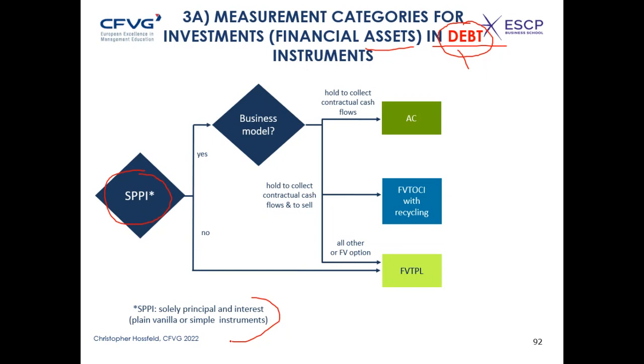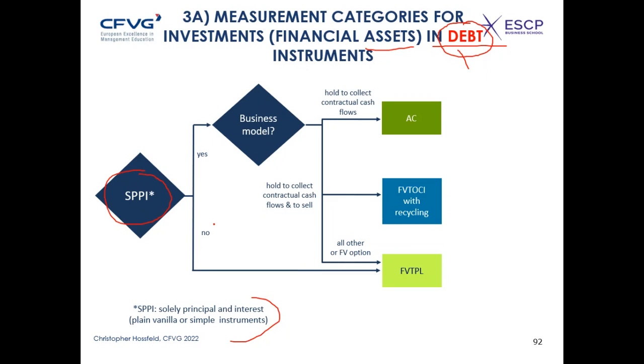And we introduce something else than the credit risk here in the bond. Usually in a bond, you only have a credit risk, more or less, and maybe an interest rate risk. But here I include a currency feature that has nothing to do with the bond. That means if I have this type of bond, it is not SPPI, it is not simple, it is complex. And basically, it includes a derivative financial instrument.